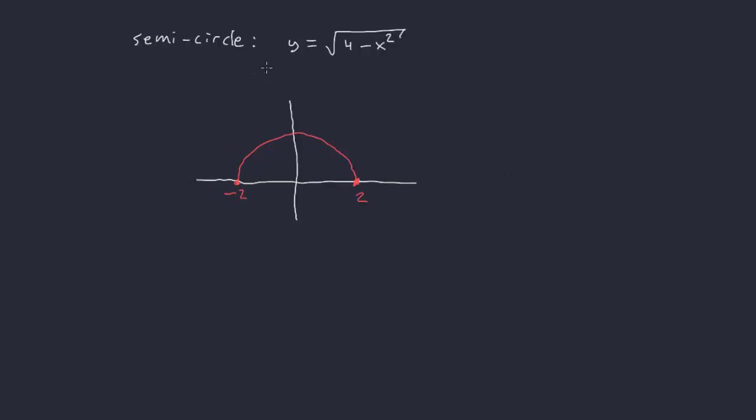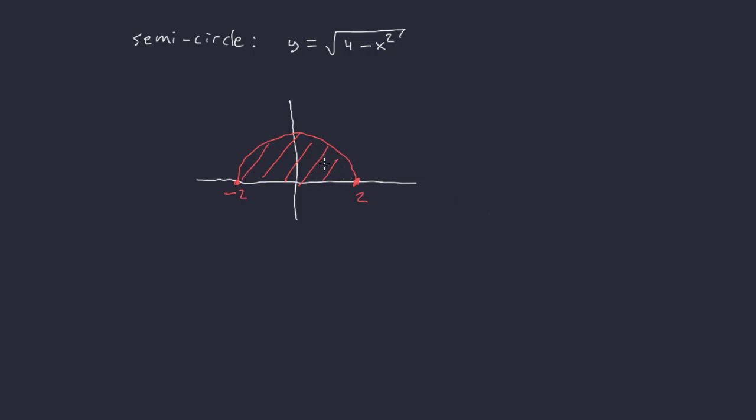Okay, so here we have the equation of the top half of a circle, the top semicircle. Its equation is y equals the square root of 4 minus x squared. And say we wanted to find the area down here using integration.